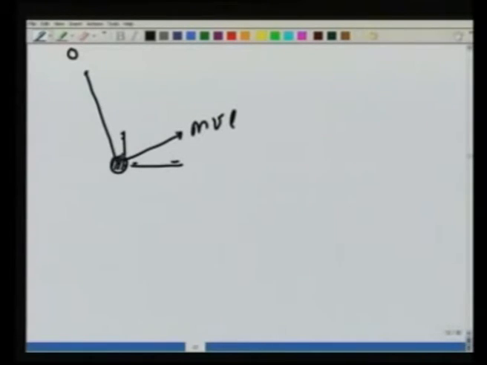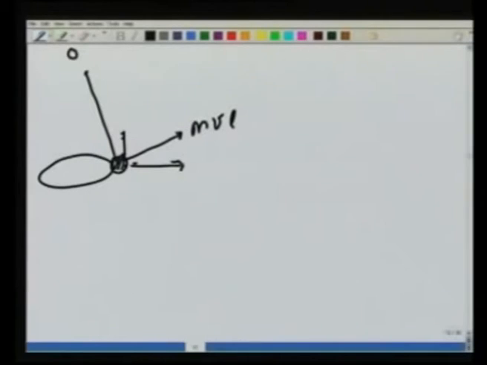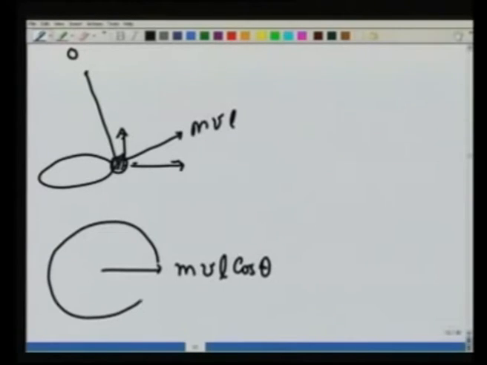As the bob moves around, the r unit vector changes, and therefore, this component changes direction, whereas the vertical component remains constant. So, let us understand the horizontal component, which is m v L cosine of theta, keeps rotating, and the vertical component remains constant.